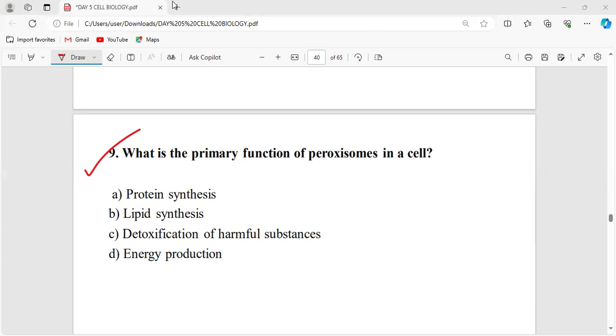Hello, I'm asking you, do you know or not? The important enzyme responsible for degrading these toxic materials inside the peroxisome. And of course, very good, catalase, and another important enzyme, peroxidase.